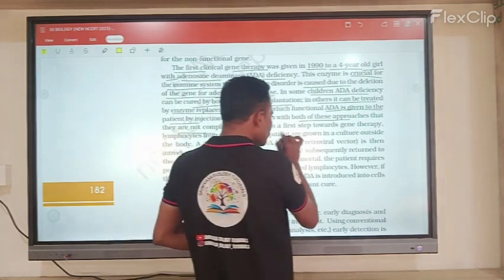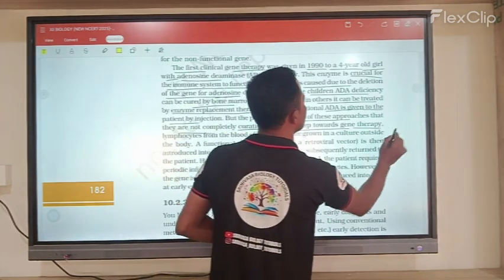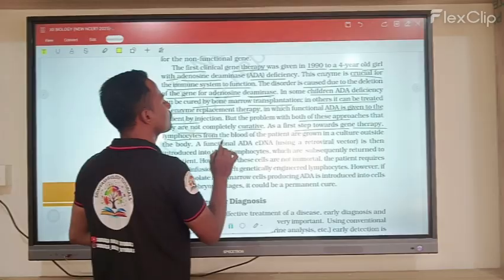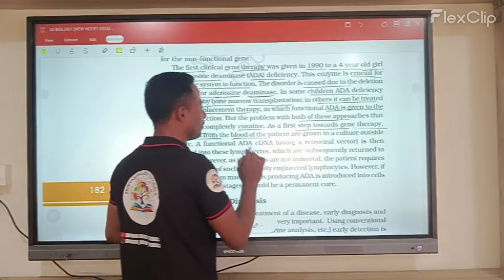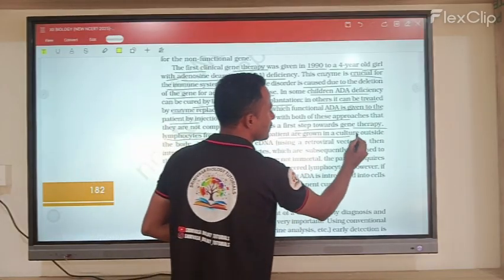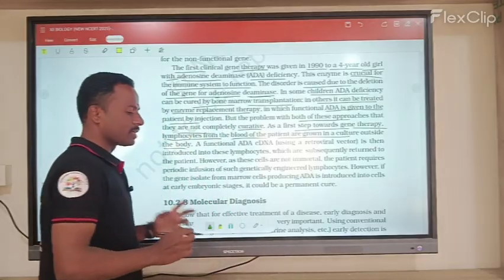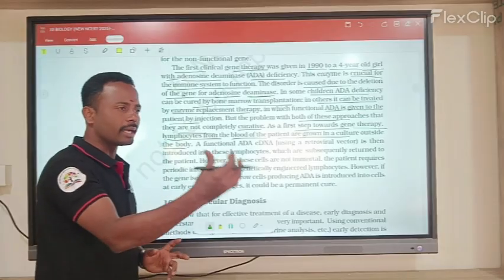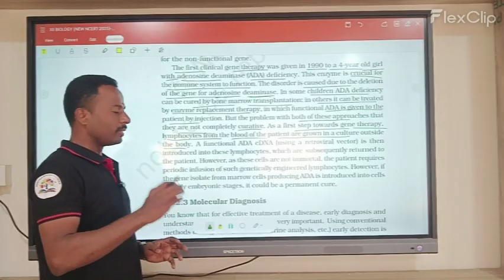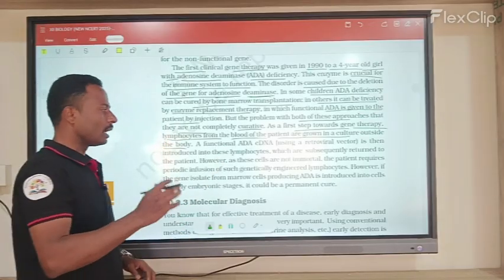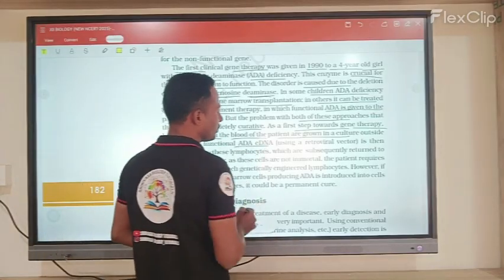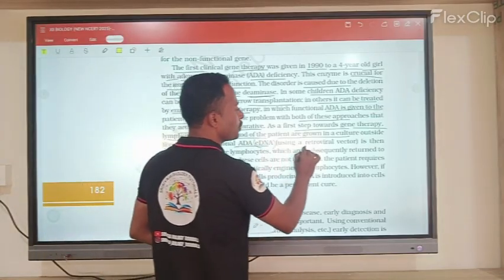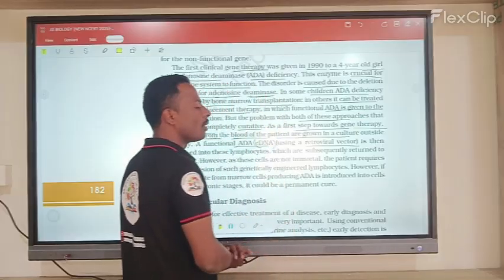But as a first step towards gene therapy, lymphocytes from the blood of the patient are grown in culture outside of the body. Here the lymphocyte cells are grown outside of the body. In this, the functional ADA cDNA is introduced using a retroviral vector.